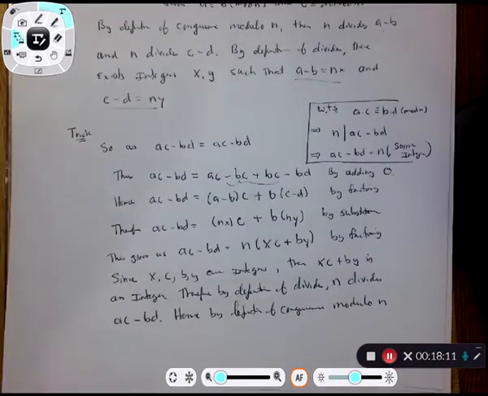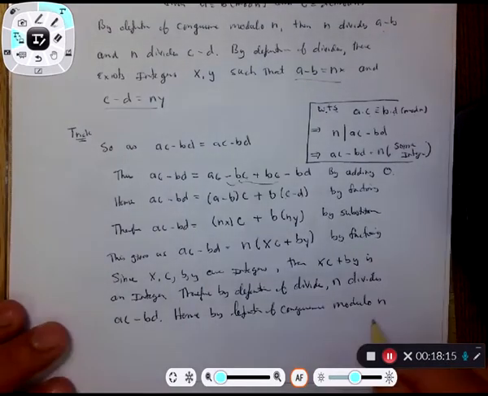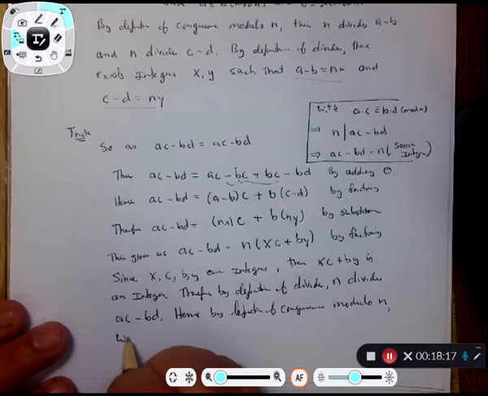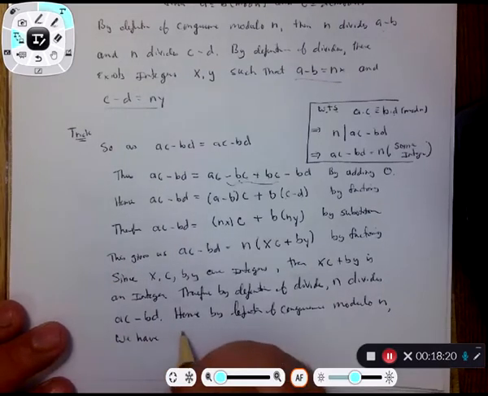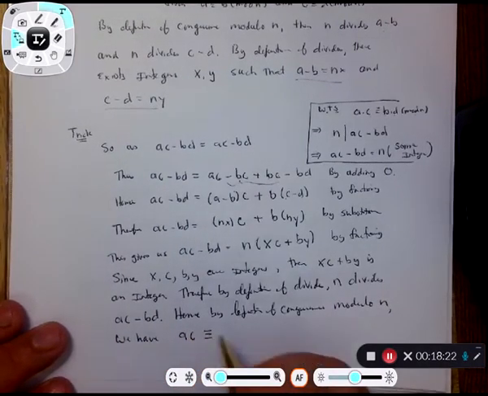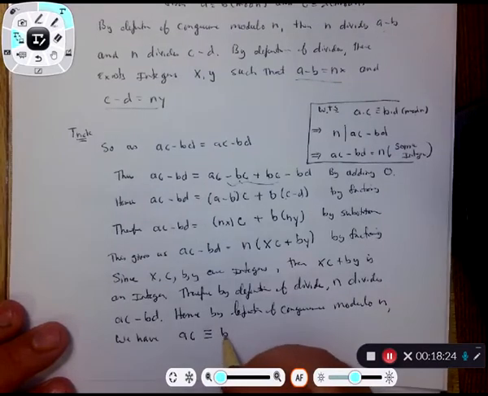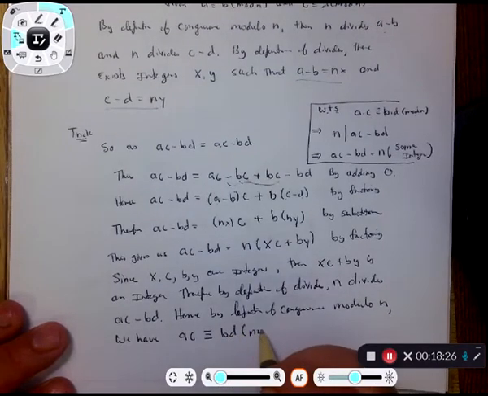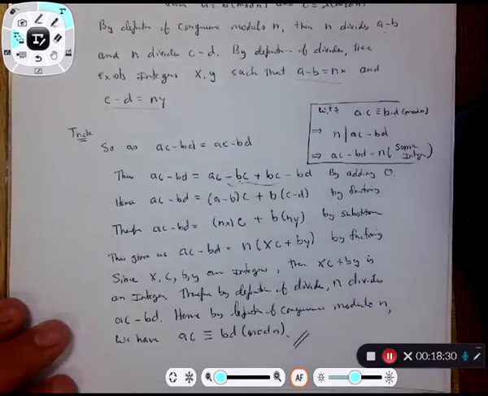We're doing mod N here. So by definition of congruence modulo N, we have AC is congruent, using my symbols here, to BD mod N. And I'm done with my proof.